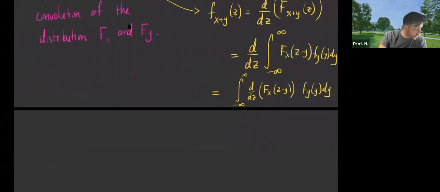And when I differentiate the cumulative distribution function of x with respect to z, I get the PDF instead.